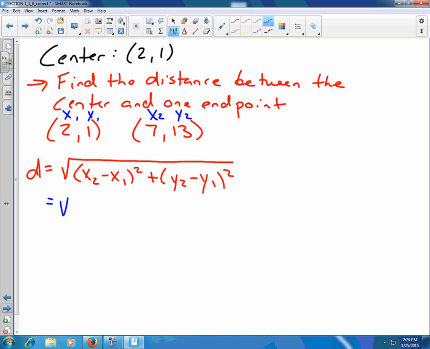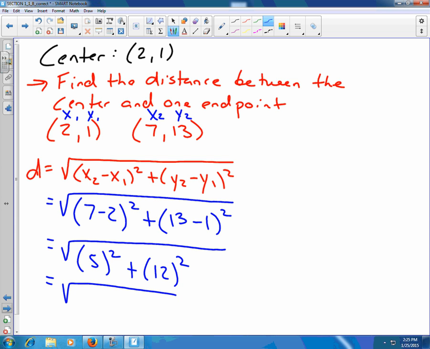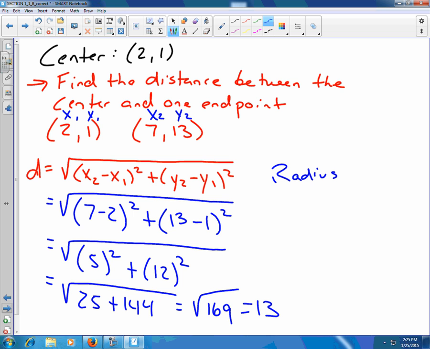If we plug it into the formula, we get 7 minus 2 squared plus 13 minus 1 squared, which is 5 squared plus 12 squared, which is 25 plus 144, which is the square root of 169, which is 13. So the radius, the distance from the center to one of the endpoints, is going to be equal to 13.